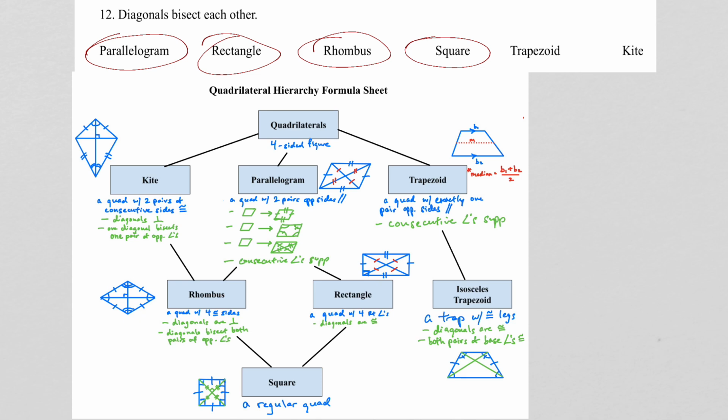Now let's look at a trapezoid. This clearly does not bisect each other, right? It's not going to do that here either. And then let's look at a kite. While this diagonal has been bisected, this hasn't. So they haven't bisected each other. They're both not bisected. So that's not true for a kite either. So it's true for those four.